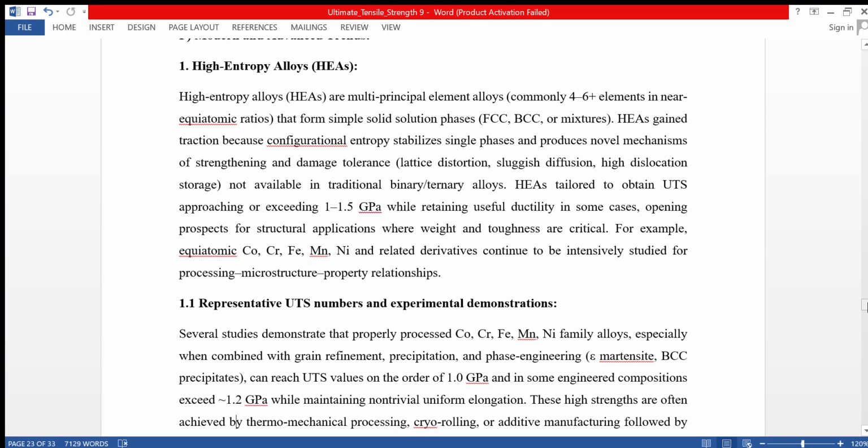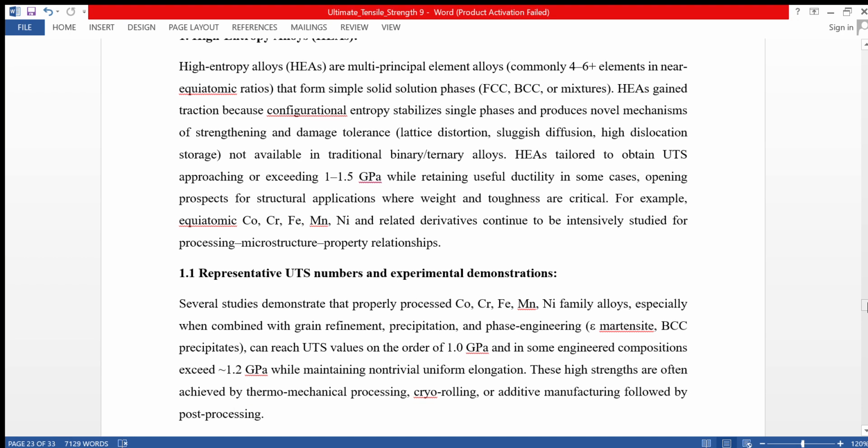Several studies demonstrate that properly processed Co-Cr-Fe-Mn-Ni family alloys, especially when combined with grain refinement, precipitation, and phase engineering, can reach UTS values on the order of 1.0 gigapascal, and in some engineered compositions exceed 1.2 GPa while maintaining non-trivial uniform elongation. These high strengths are often achieved by thermomechanical processing, cryo-rolling, or additive manufacturing, followed by post-processing.